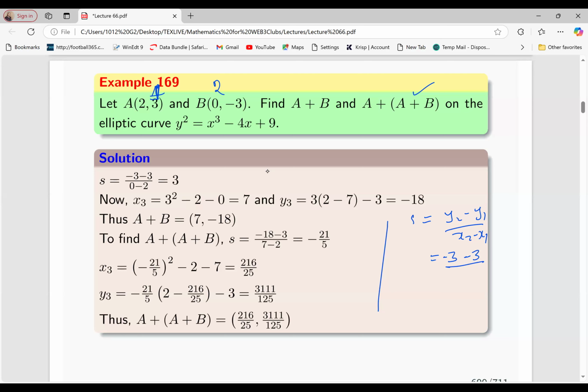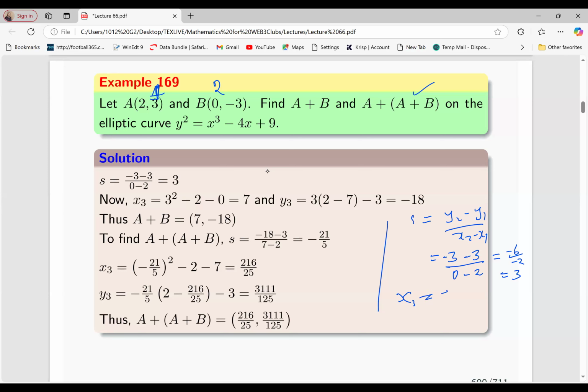And then x2 is 0, and x1 is 2. So this is -6 out of -2, which is then 3.